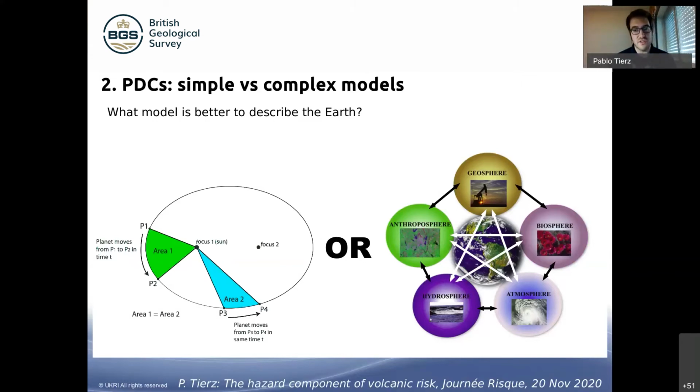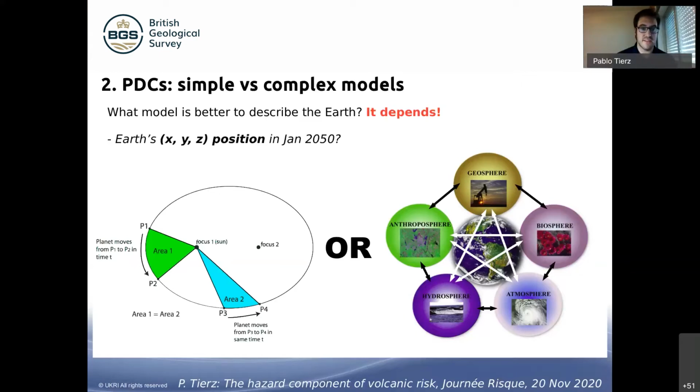And here I would like to just show a small example about simple versus complex models. Here we have Kepler's second law on the left-hand side and a very complex multi-sphere model to represent the Earth. And the question is, what model is better to describe the Earth? And I guess my answer would be it depends.